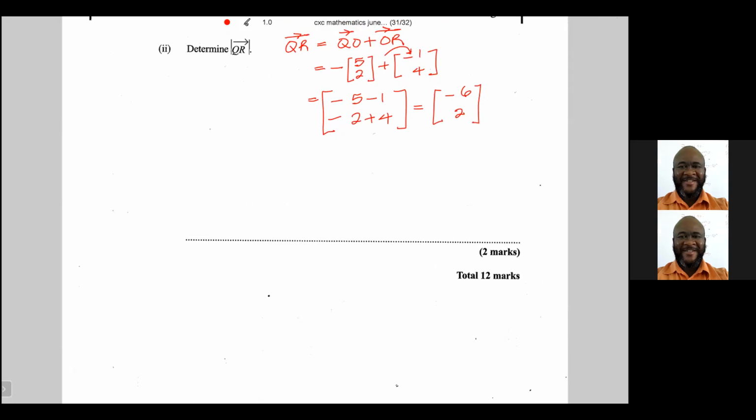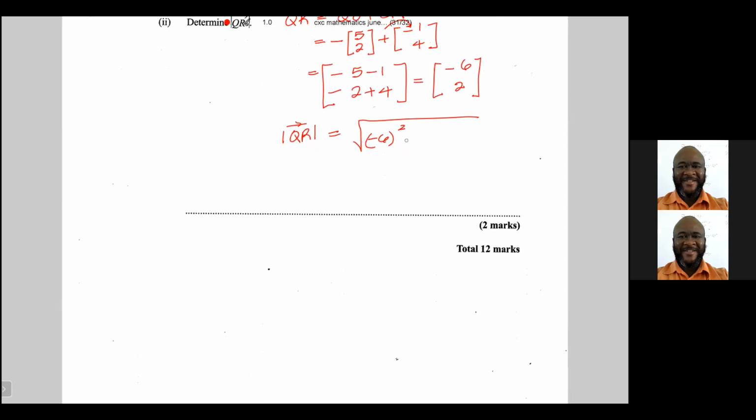Now, the magnitude of QR would be equal to the square root of -6 squared plus 2 squared. This is the square root of 36 plus 4.